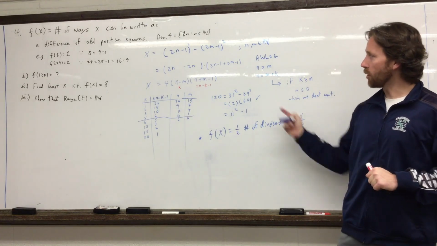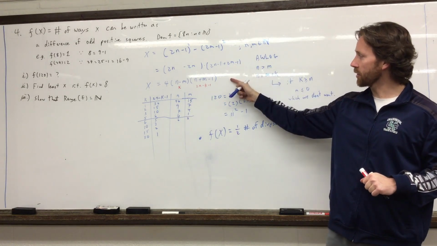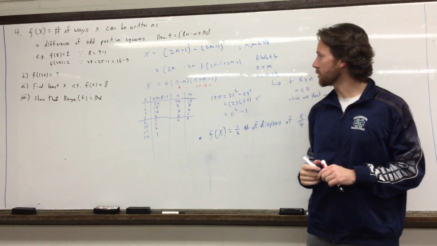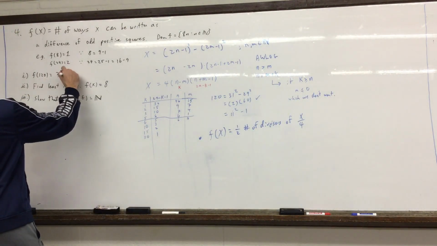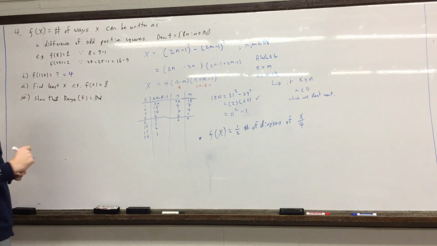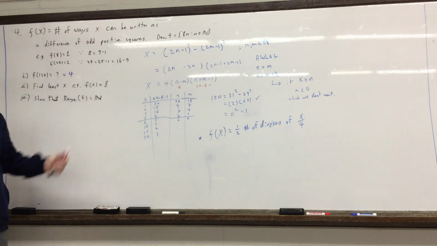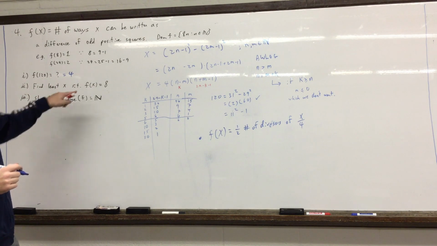Okay, so that's the big result of this kind of calculation inspired by this one special case. So in particular, I just counted up f of 120 equals 4, and the justification is all the work we did here.